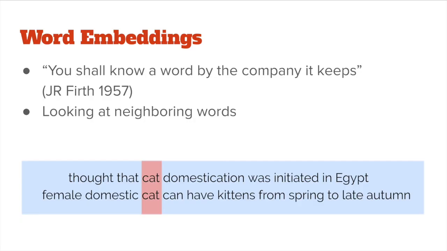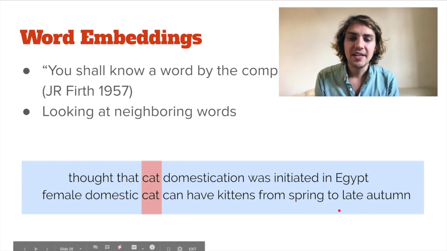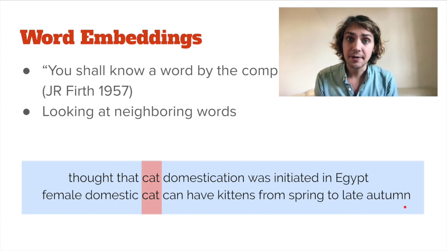If we would define this as a machine learning task, we could say, well, let's find thousands of instances of words and their context. In this example, which is about the word cat, let's find all kinds of things about their physical features, their behavior, their history, and so on. Here you just see two of such sentences in which the word cat may appear.